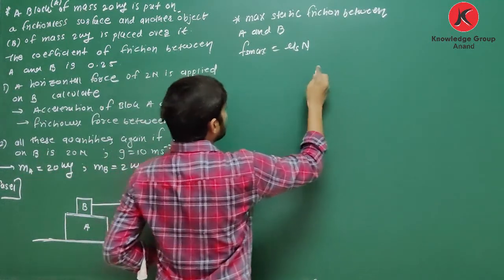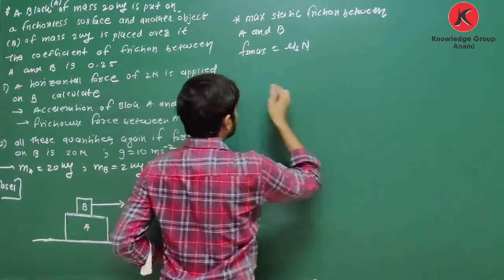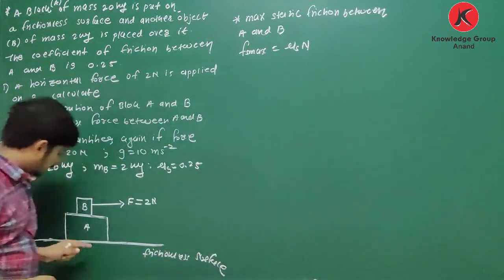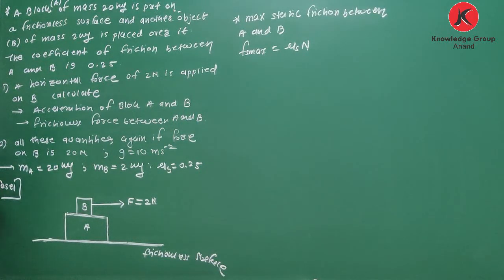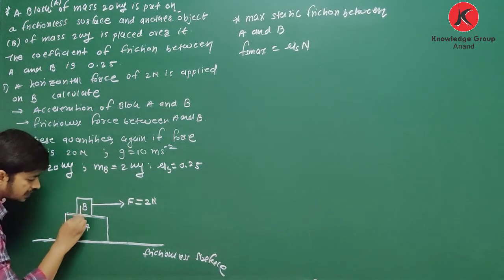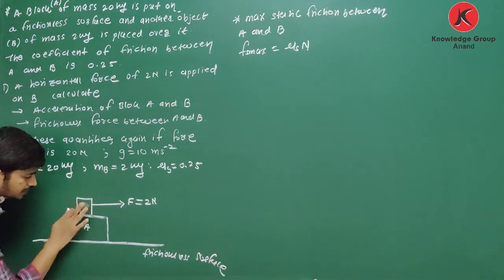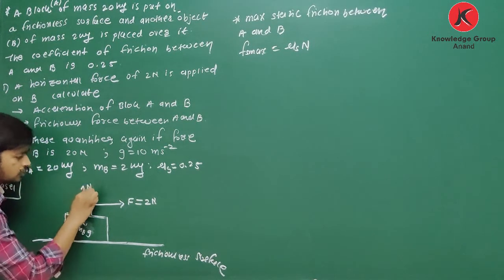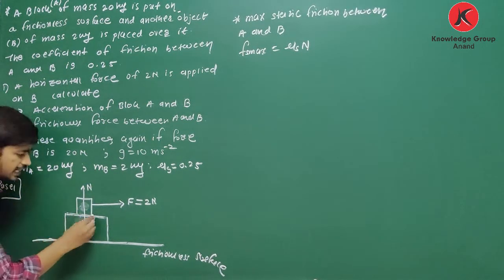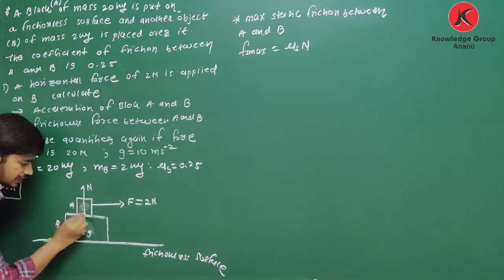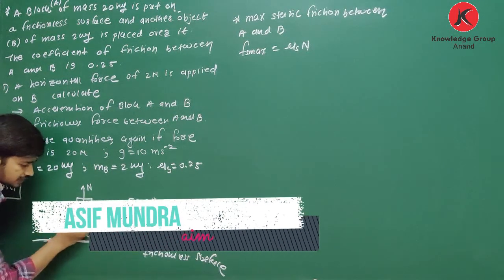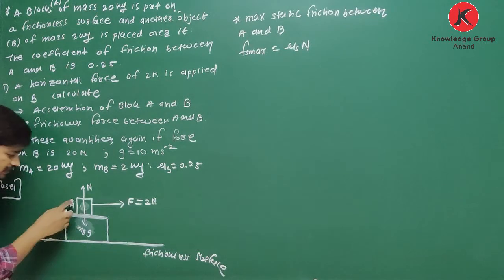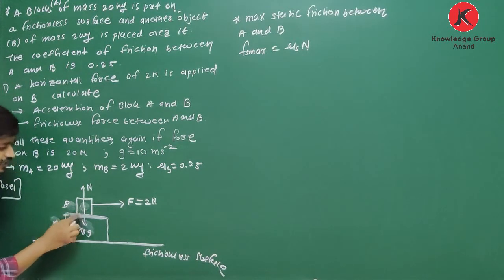See, it is block A, it is the surface, and it is block B. Due to block B in the downward direction it is MBG, and in the upward direction it is the normal reaction, because this surface is their contact surface.